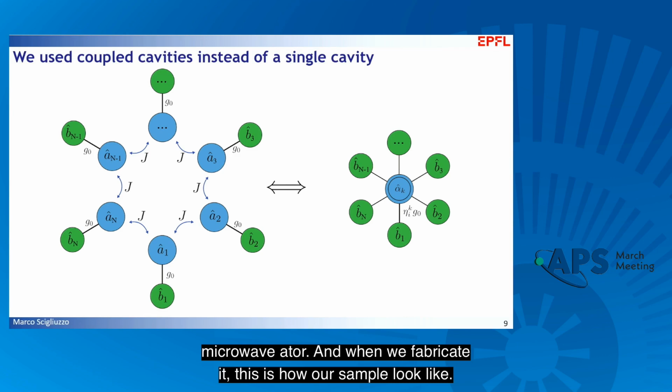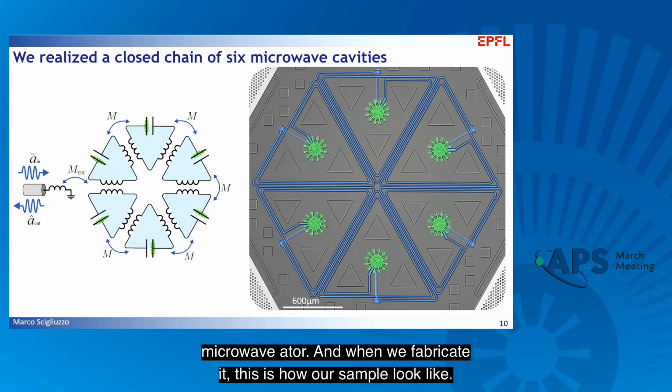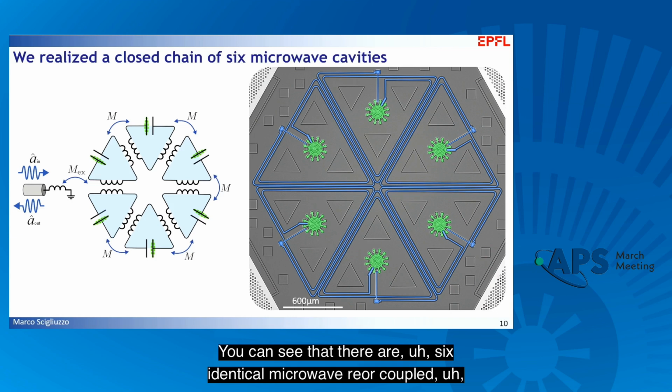And when we fabricate it, this is how our sample looks like. You can see that there are 6 identical microwave resonators, each of them optomechanically coupled to a nominally identical mechanical resonator.